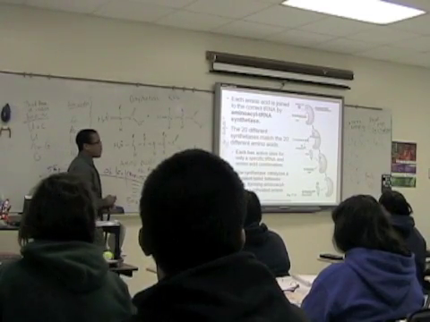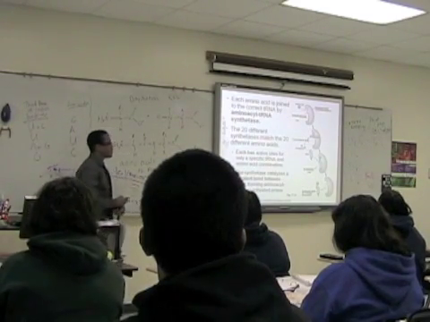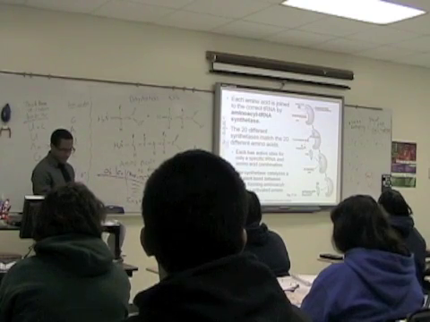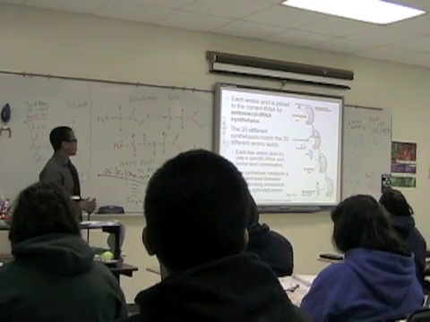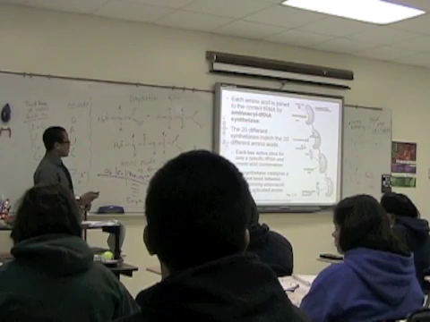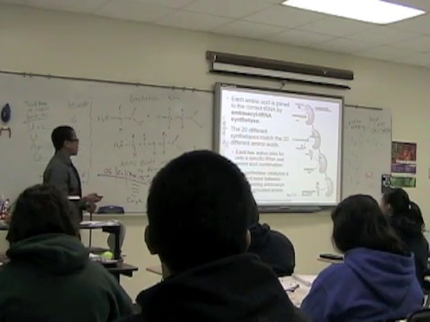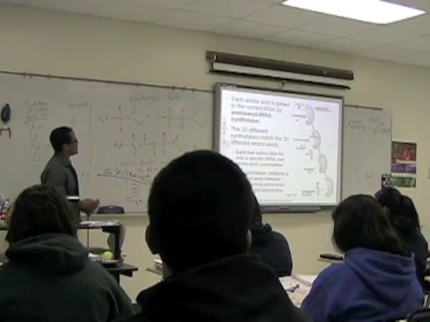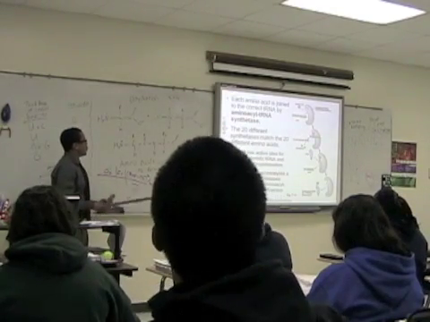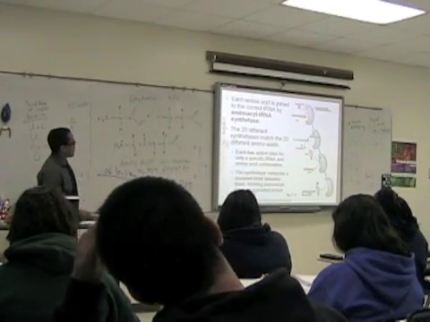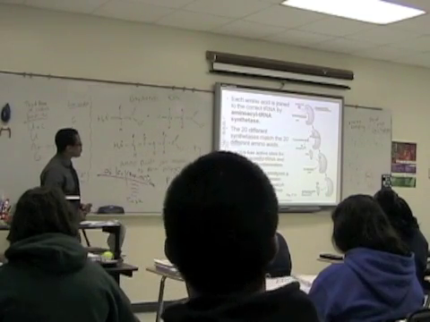Each specific amino acid is captured by an aminoacyl-tRNA synthetase. It's a hard word to say. There are 20 different synthetases for the 20 different amino acids. Each one has its own unique synthetase. So what happens? The amino acid binds to the synthetase, and then ATP binds to it.